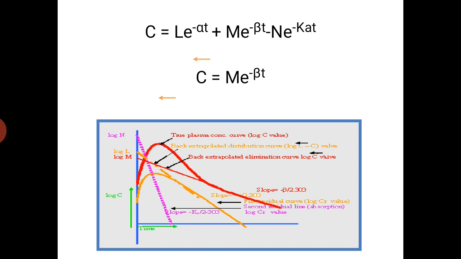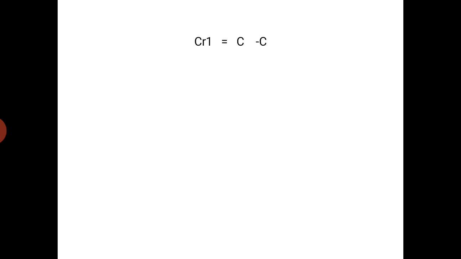So how can the residual concentration be determined? By subtracting the back extrapolated concentration from the initial concentration. That is, CR1 is equal to C minus C back extrapolated.